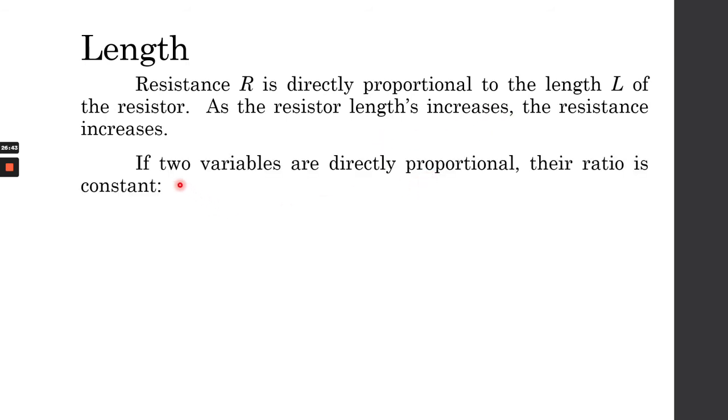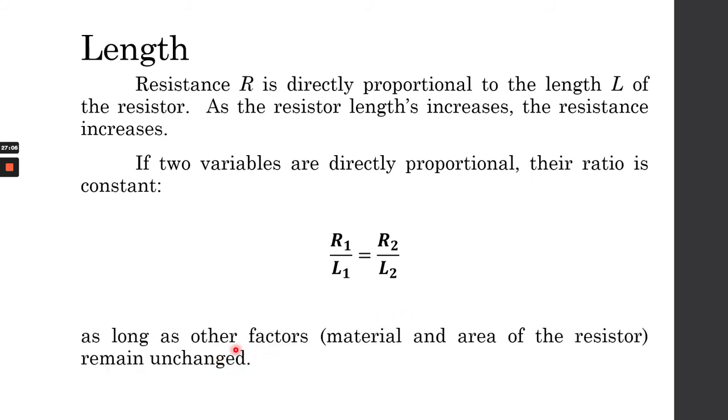And mathematical rule, if two variables are directly proportional, their ratio should be constant. So meaning, yung ratio between the resistance and the length of a wire should be proportional to the ratio over length of another wire, provided that the wire or the resistor's material and area are unchanged.